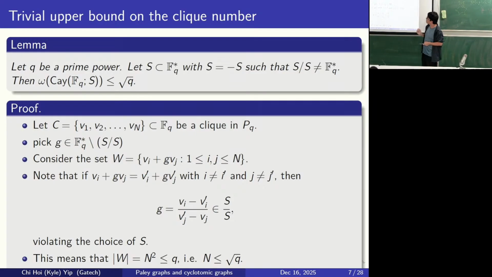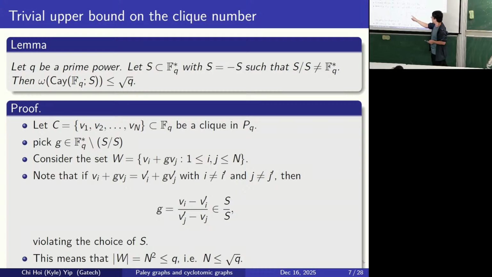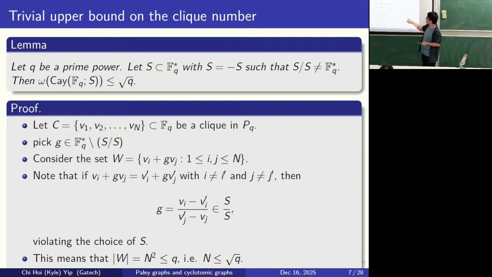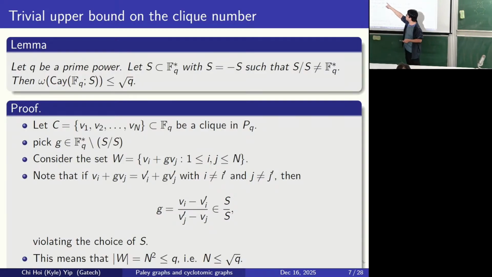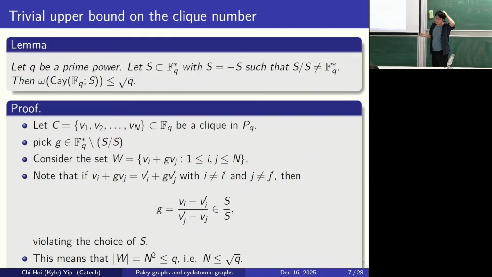And because our set is a clique, you know that this difference lies in the connection set S, and also this difference lies in the connection set S. So G lies in the ratio set S over S. So that contradicts our choice of G. And so this proves that the clique number is at most square root Q.